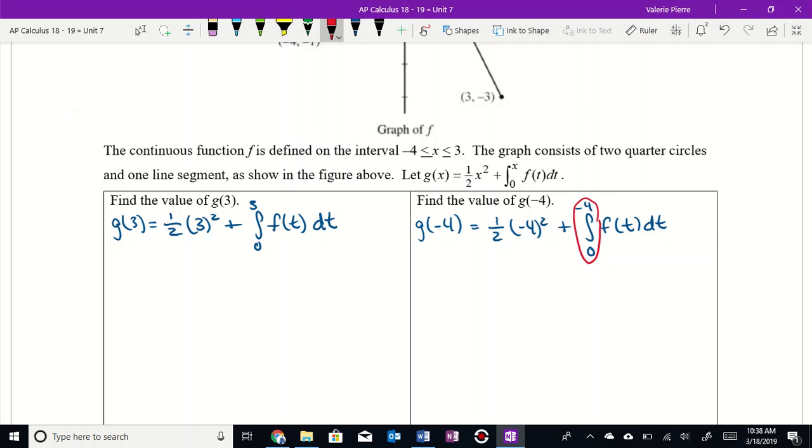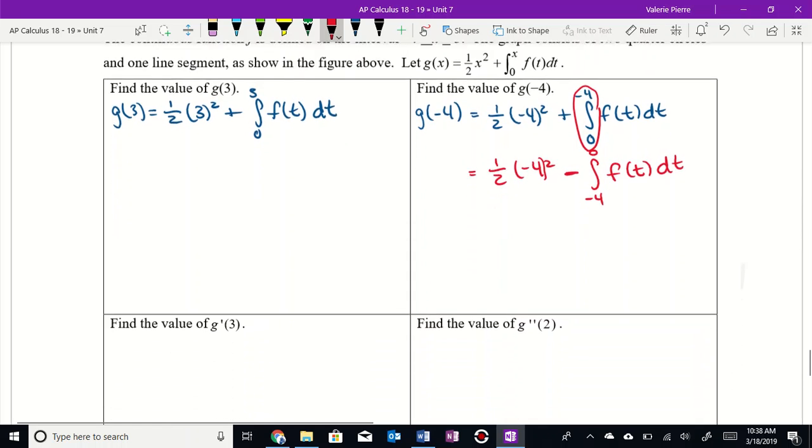Our definite integral needs to be flipped. So we have 1/2 times -4 squared. We're going to flip our limits of integration from -4 to 0 of f of t dt. And when we flip our limits of integration, we change our sign. So you're going to use that information in the graph to help you determine that value as well.